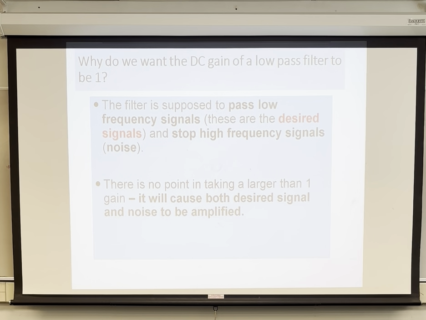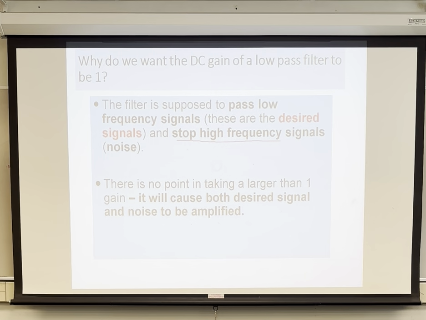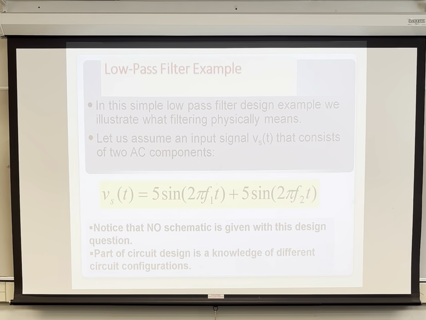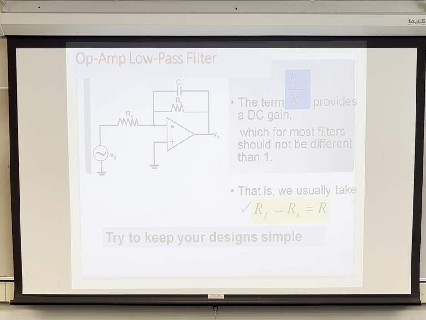The reasoning is that the low-pass filter is supposed to stop high-frequency interfering signals or noise, and adding gain to that circuit is really just going to escalate the noise issue. So you can probably just set the gain equal to 1. It's actually a minus 1 because of the inversion. So that's a design for a low-pass filter.